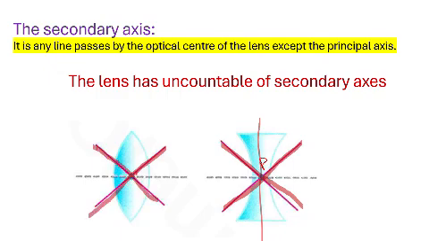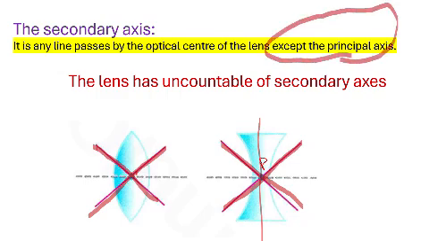The principal axis is excluded. The principal axis includes the two centers and the optical center. But here, as you see, these straight lines don't pass through the two centers of curvature, so I call them secondary axes.